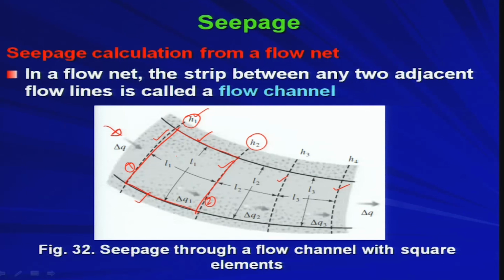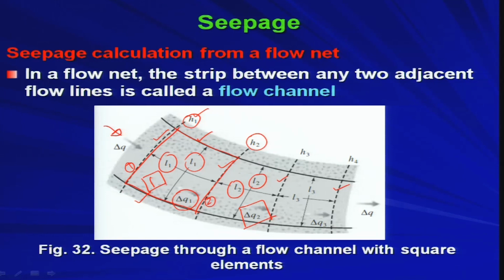That is another requirement for constructing the flow net. That dimension is given by L1 by L1. Similarly, L2 by L2 forms another element, similarly L3 by L3. Now, the flow happening within zone 1 or element 1 is delta q1, within element 2 delta q2, and delta q3 and so on.